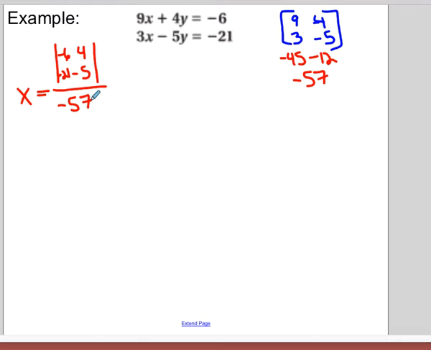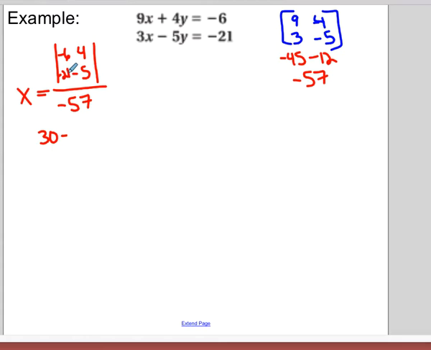And I'm hoping I get a nice, easy answer. So here we go. I got -6 times -5. I'm finding the determinant of this, with the straight lines. So -6 times -5 is going to give me 30. And then I need to subtract 4 times -21. So 4 times 21 is going to be 84.